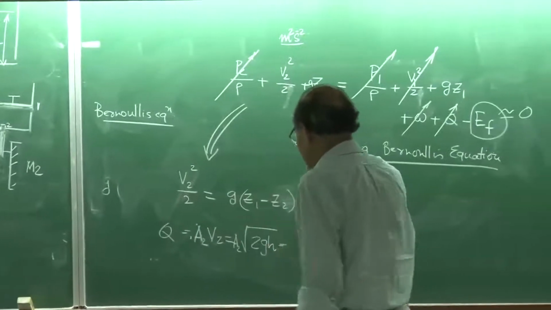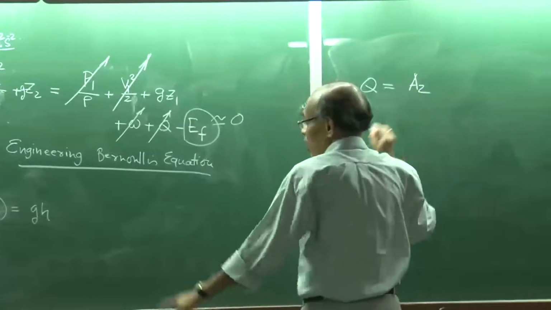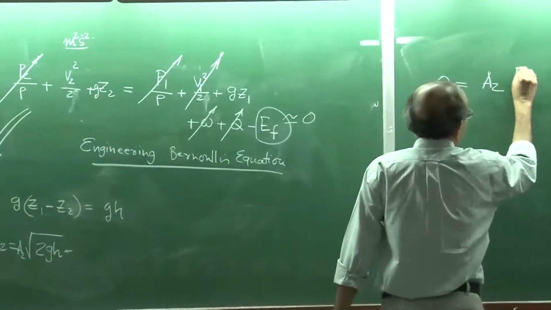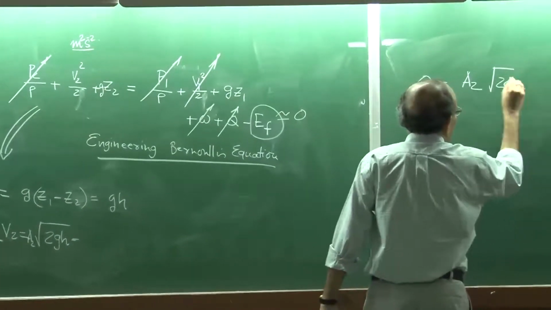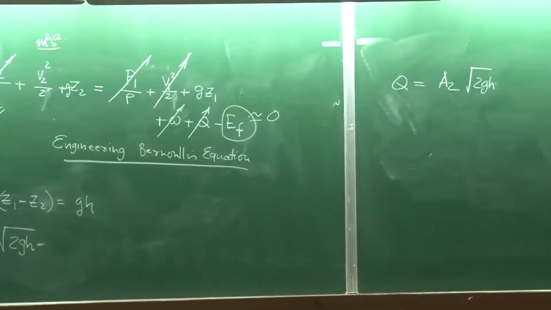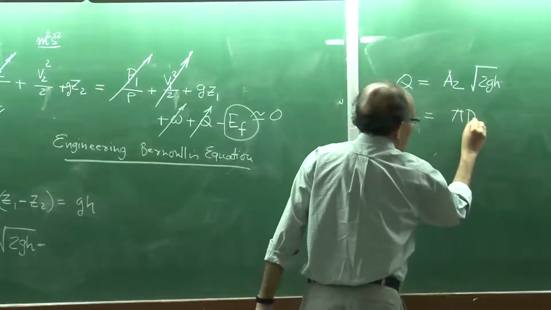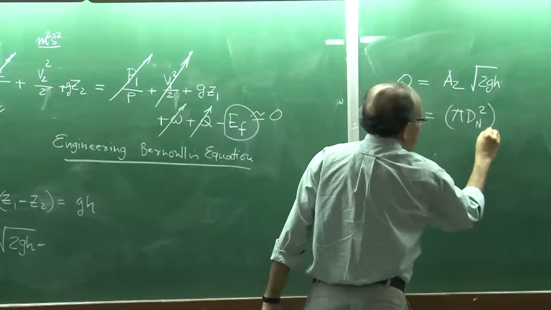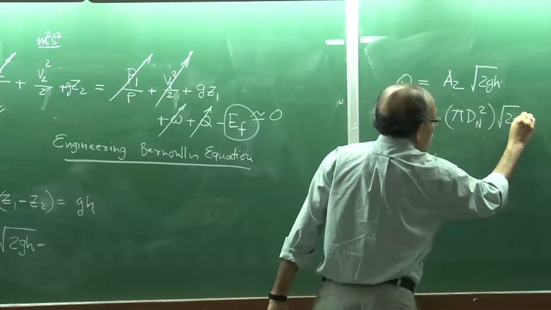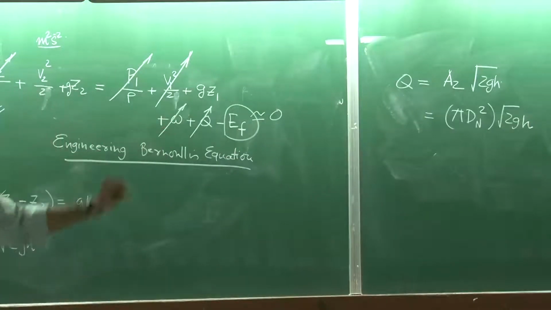Now, if you look at this parameter, what I have written is that the flow rate is equal to A2 times square root of 2gh, area multiplied by this, where the diameter of the nozzle is this. Actual flow requires correcting factors.